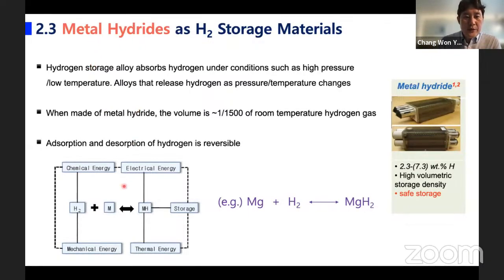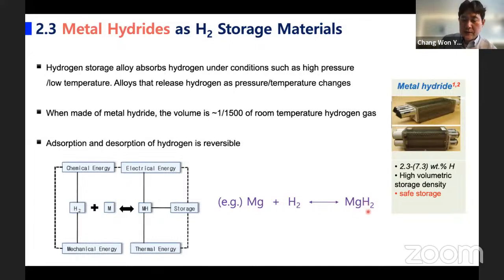The concept for metal hydride is, for example, M here, which is metal, reacts with hydrogen and is nicely stored in MH form, which again involves chemical bond formation between M and H. For example, if we use magnesium, then magnesium reacts with hydrogen and converts into magnesium hydride, MgH2, with two chemical bonds between the magnesium and hydrogen.